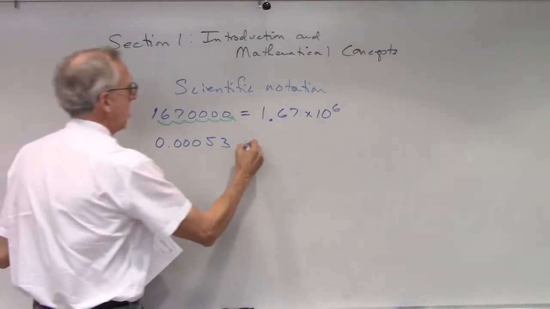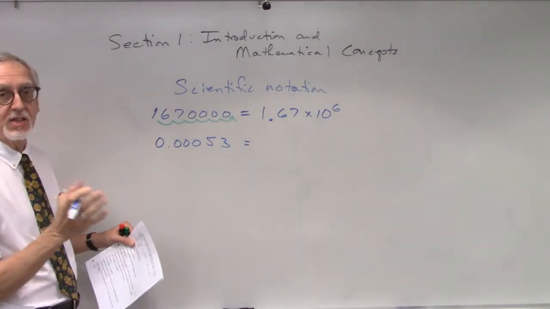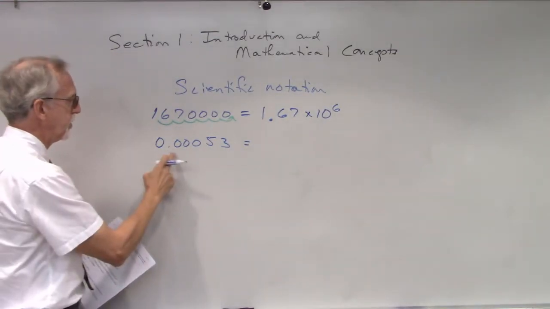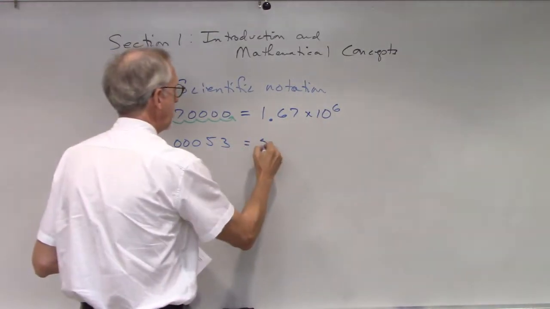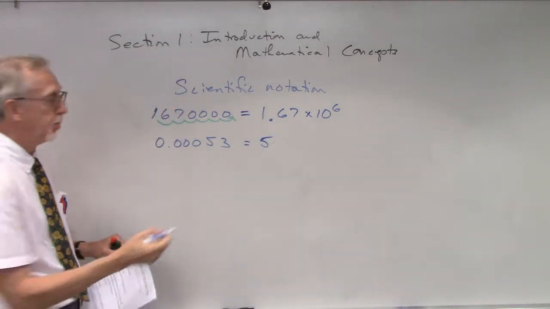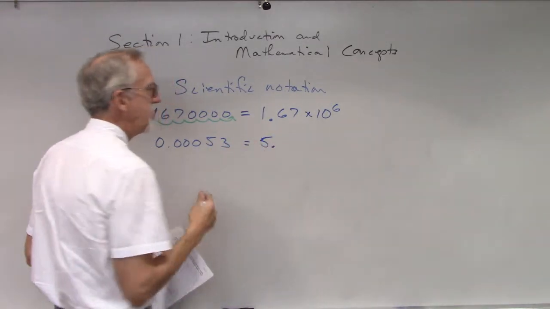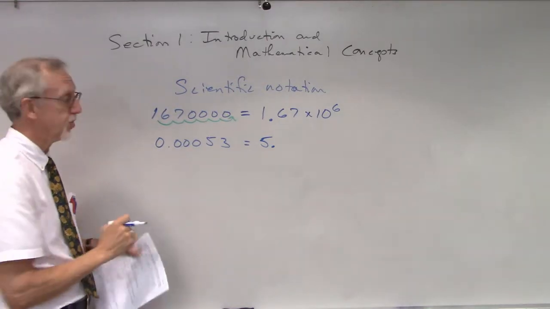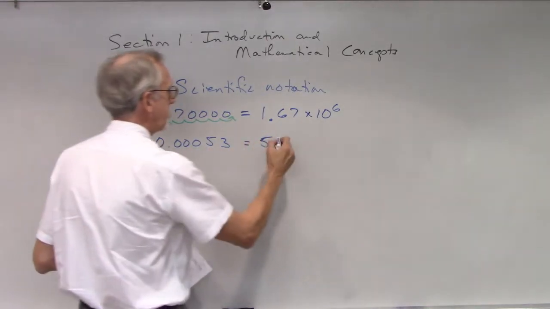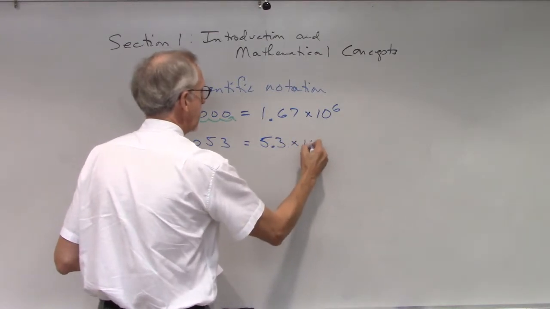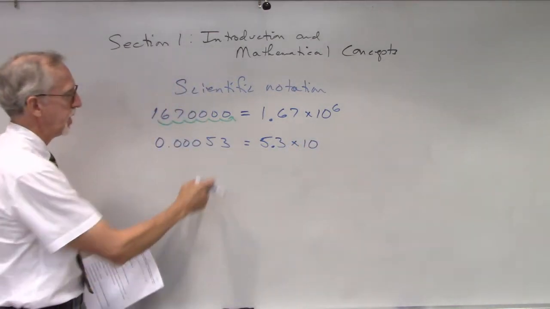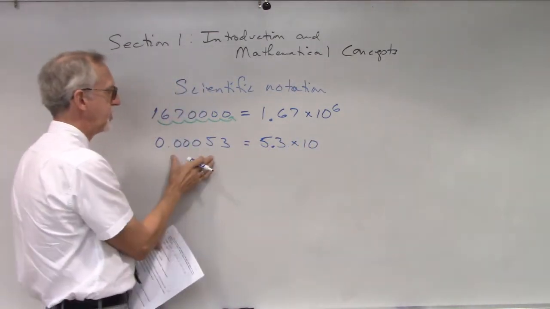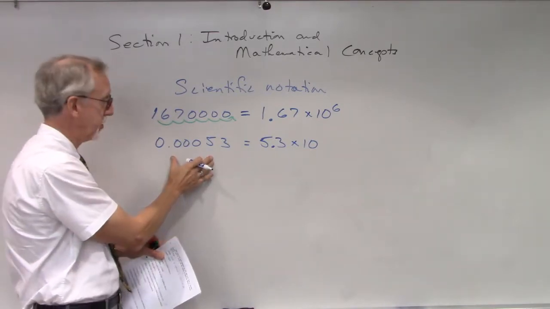0.00053. Again, we write the first non-zero digit on the left, which in this case would be 5. Follow it with a decimal point, and then all of the significant figures afterwards to the right, which would be in this case 3. And then we multiply again by a power of 10, because obviously 5.3 is not the same as 0.00053.